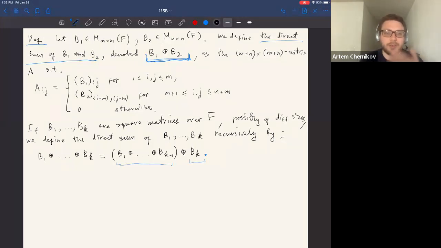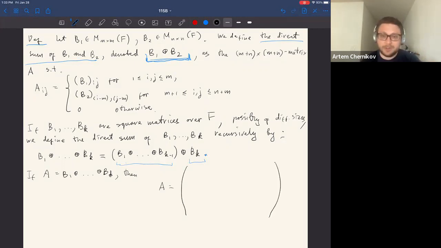All right. So now let's draw a picture, which is very simple, if this recursive formula might seem complicated. If A is the direct sum B1 plus B2, etc., plus Bk, then in fact it is of the form which we can draw as follows.